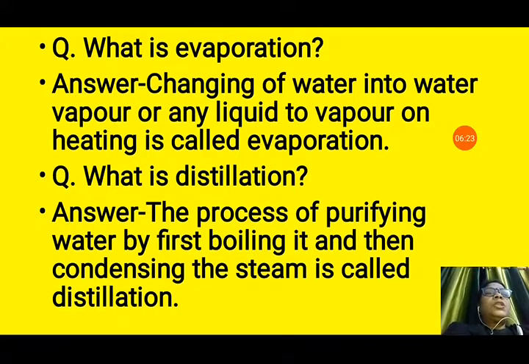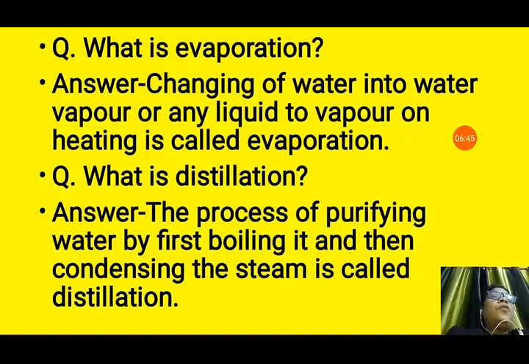Now, what is distillation? It is the process of purifying water by first boiling. For distillation, first we have to boil the water and change it to water vapor, and then condensing the steam is called distillation. So the process of evaporation and condensation both are involved in distillation.